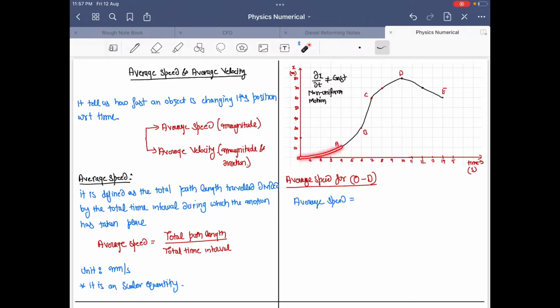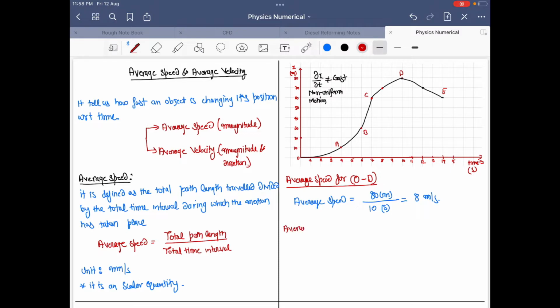So what will be the total path taken by the object? This will be from 0 to this point. What is the total distance? 80 meter. So the object has covered 80 meter of distance, and how much time has the object taken from this point to D point? The object has taken 10 seconds. So you will see you have 8 meter per second of average speed when an object travels from O point to D point.